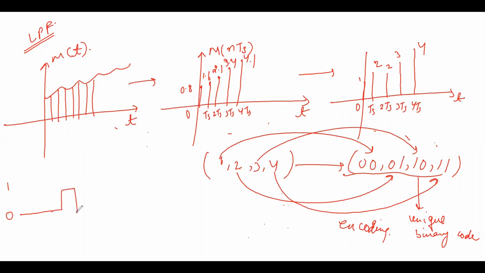Again 2 is 01. Then 3 is mapped to 10, so 1, then 0. Then 4 is mapped to 11, so 1, then 1. So this will be 0 0 0 1 0 1 1 0 1 1. Basically this is the output of the encoder.